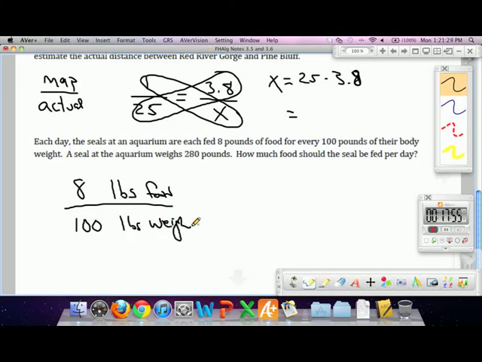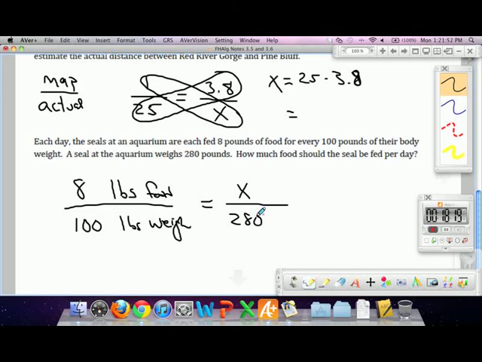We also know that our seal weighs 280 pounds, so that'll go on the same side of the fraction bar as our weight. And we want to know how much food to feed it. So you can set up a ratio of 8 to 100 should be the same as X, the amount of food we're going to feed this little guy, to its weight, 280.